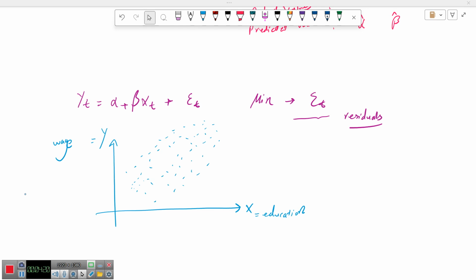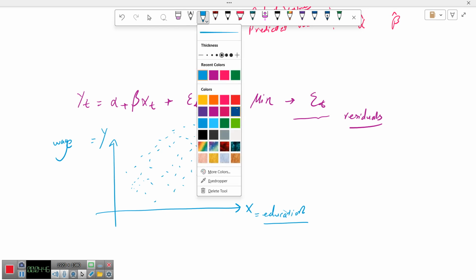What we are trying to do is understand how education affects wage over time. As you can see in this scatter plot, there is a clear trend showing that as education, represented on the x-axis, increases, wages shown on the y-axis also tend to rise.